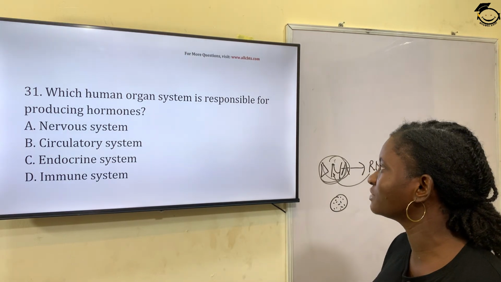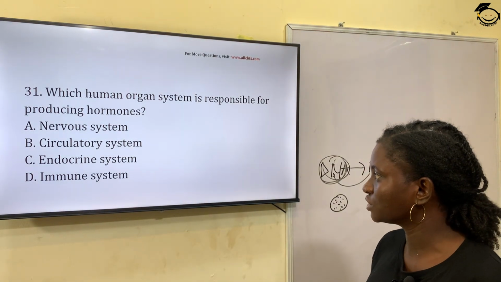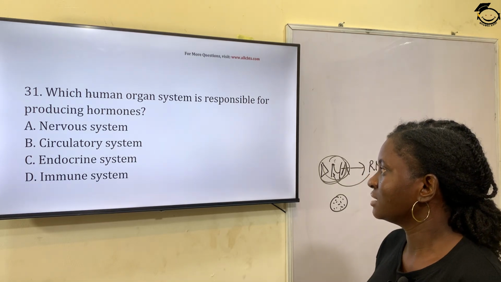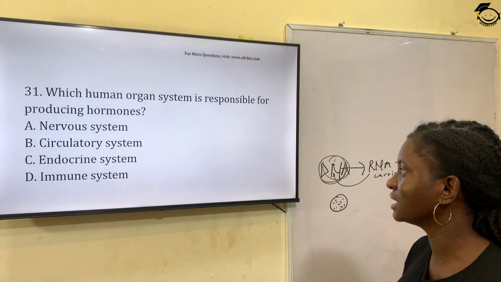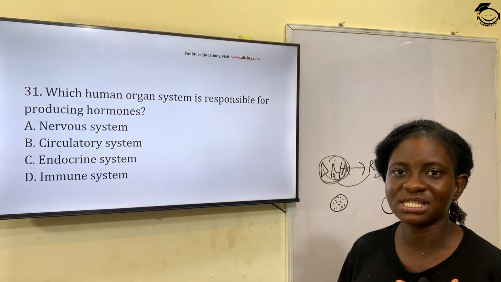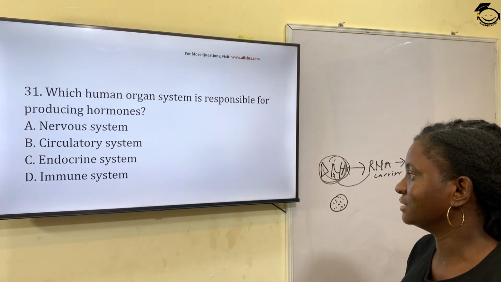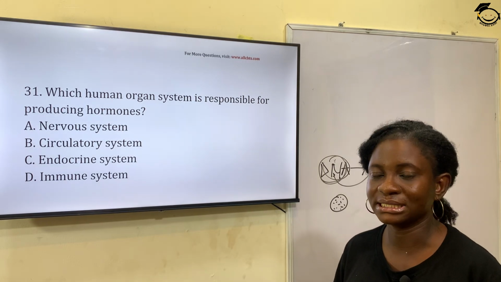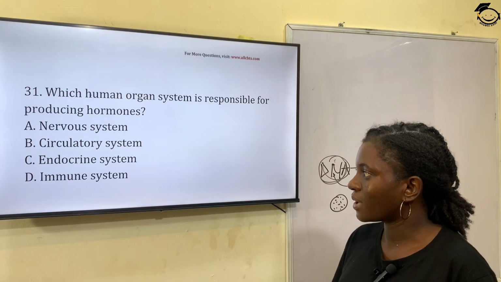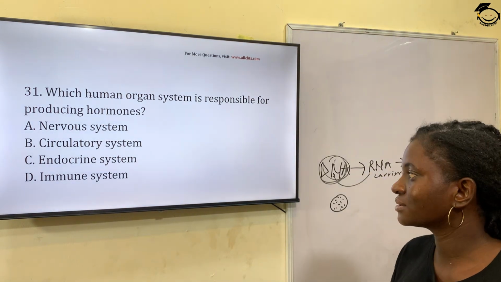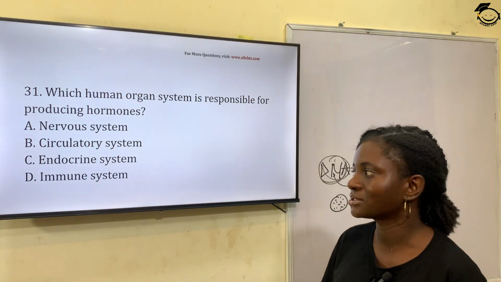It is mainly involved in hormone production, while the circulatory system is involved in transport, the nervous system in nerves, and the immune system in fighting infection. So option C, endocrine system, is the correct answer.